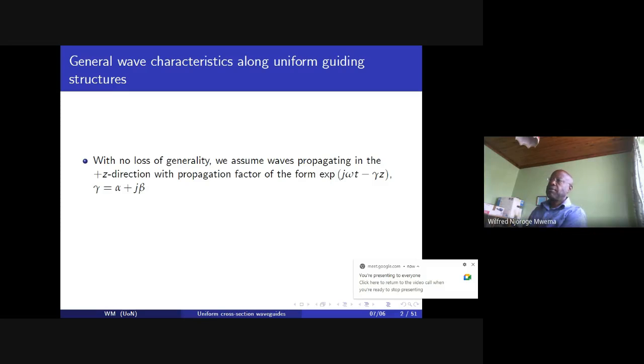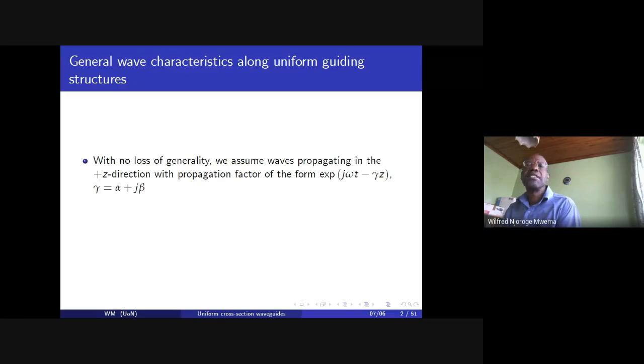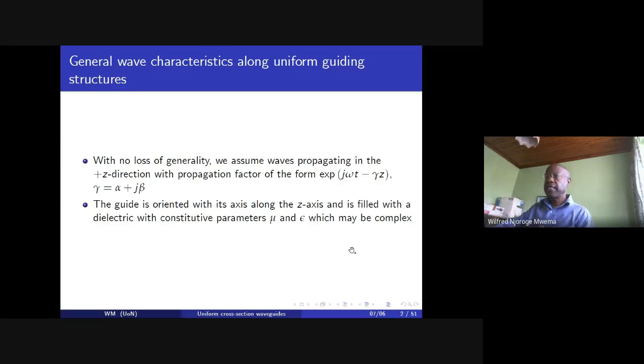Without loss of generality, we can always assume that the waves are propagating in the positive z direction, and the propagation factor has the form of exponent of j omega t minus gamma z, where gamma is equal to alpha plus j beta. The guide will be oriented with its axis along the z-axis, and it will be filled with a dielectric with constitutive parameters mu and epsilon, which may be complex to represent losses in that dielectric.